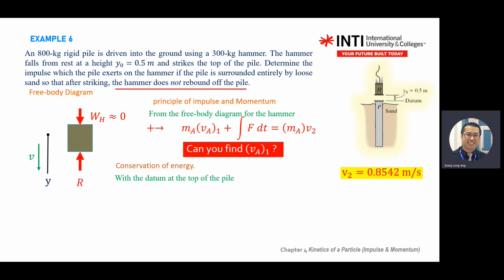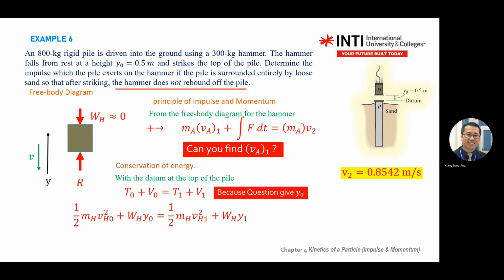Okay, so here it falls from rest, VA. Okay, for conservation, you use energy. So energy, kinetic plus potential, before equal to after. So MVH hammer plus potential energy hammer. Again, when you do energy, you look at that body only.